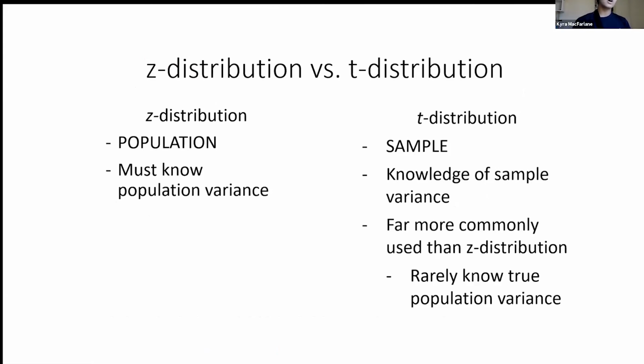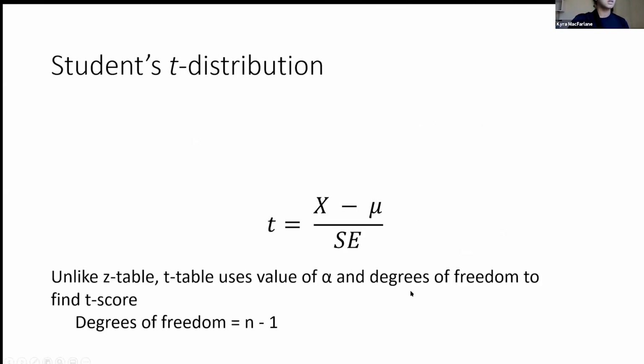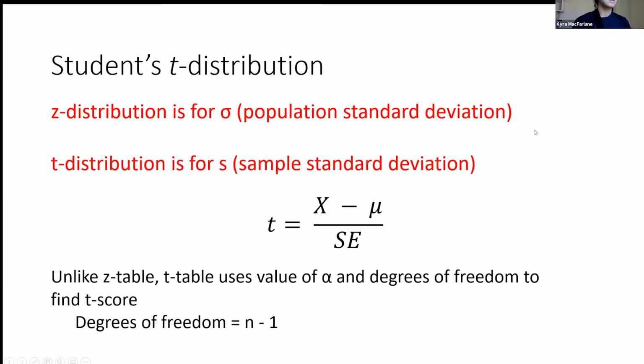They are far more commonly used than z distributions because you almost never know population statistics. You almost never have the population variance, standard deviation, mean, all of those. So again, z distribution is for population standard deviation and t distribution is for the sample standard deviation.